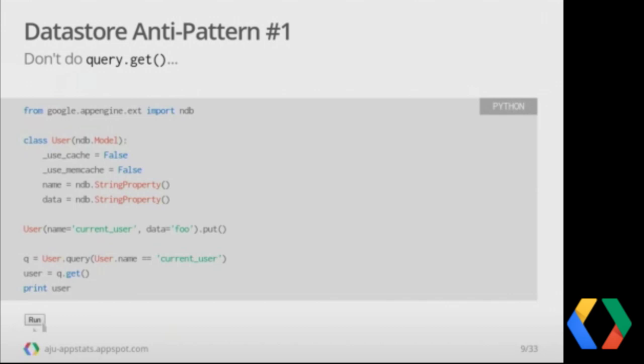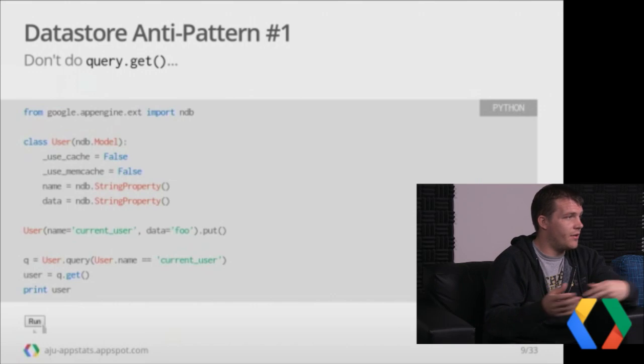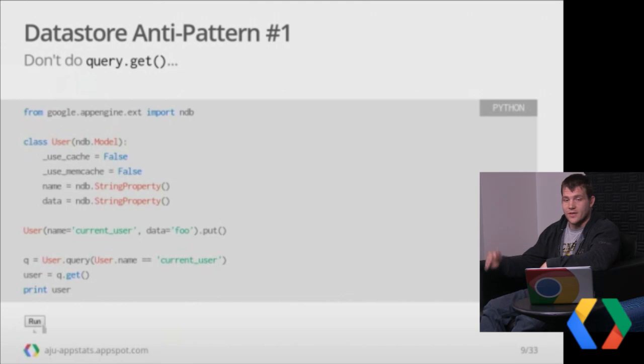So all right. I did want to point out this particular model also does not use one of, in my opinion, the best features of NDB, sort of its secret sauce. It doesn't use Memcache or the local cache of the instance handling the requests for actually caching the data. So you see those attributes on user, that is _use_cache equals False and _use_memcache equals False. That by default turns off those two intermediate caches and goes directly to the data store.